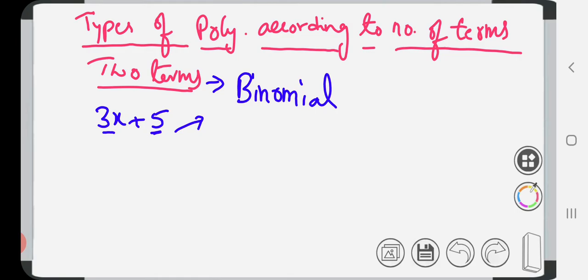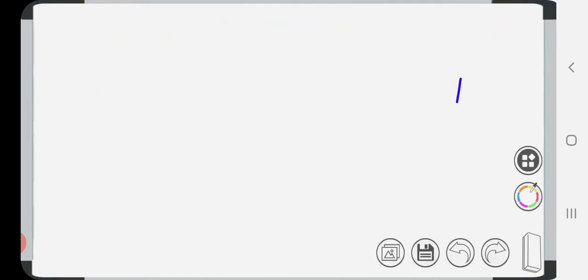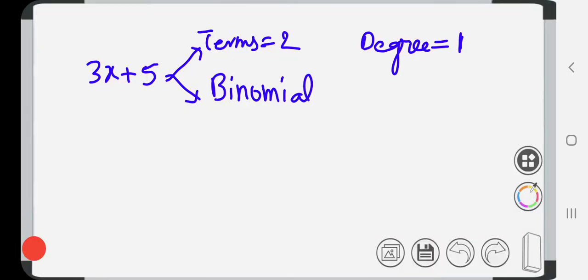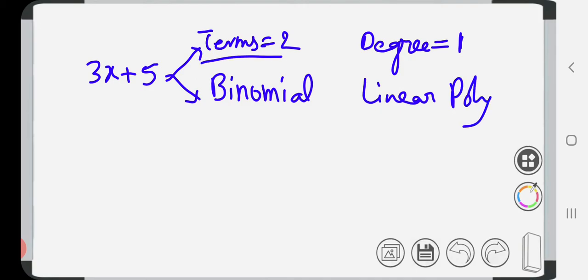And based on the degree, the degree of this polynomial is 1, so it is a linear polynomial. Based on the terms it is binomial, and based on the degree being 1, it is a linear polynomial.